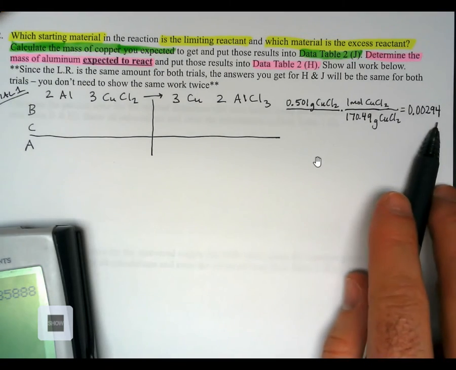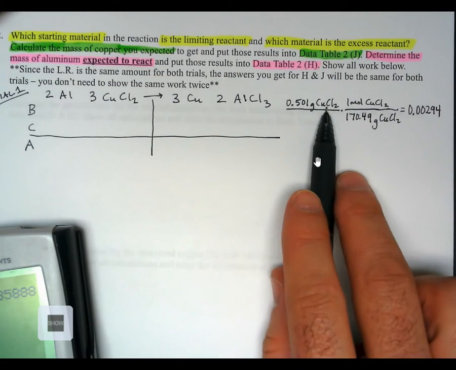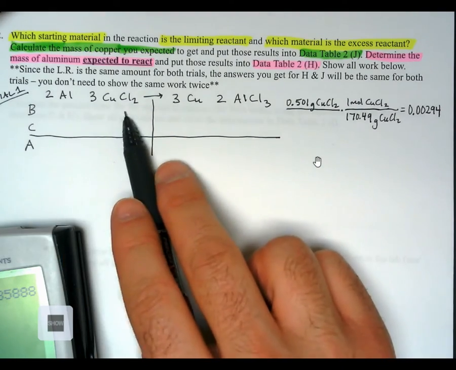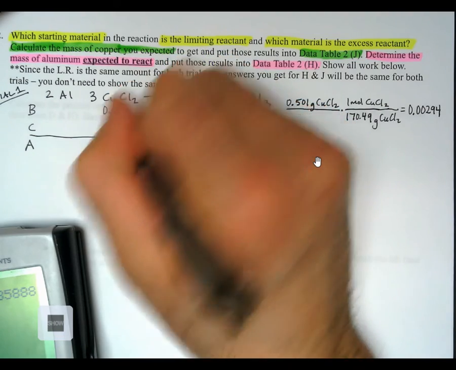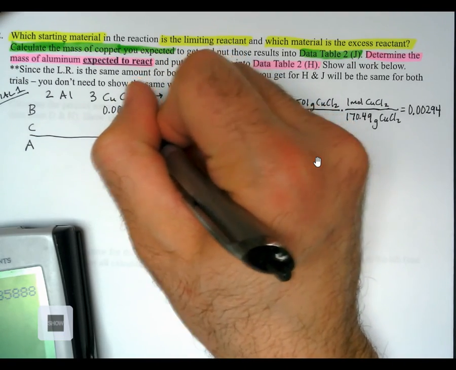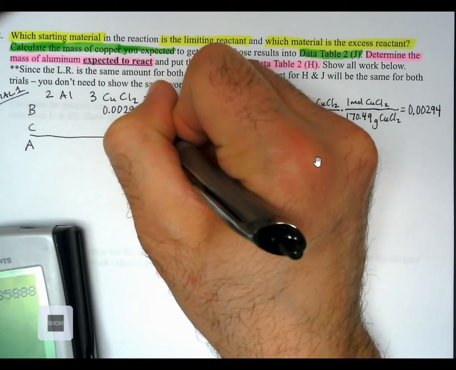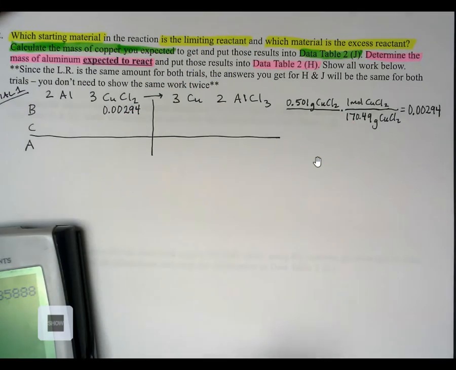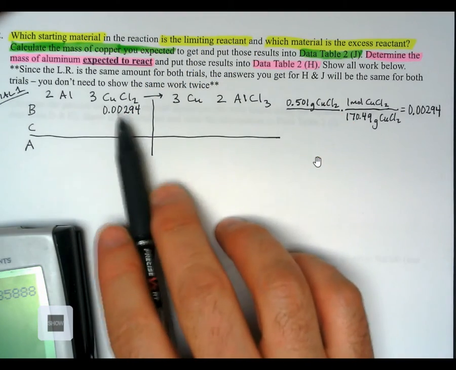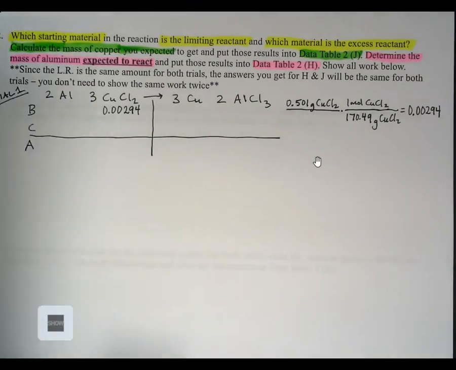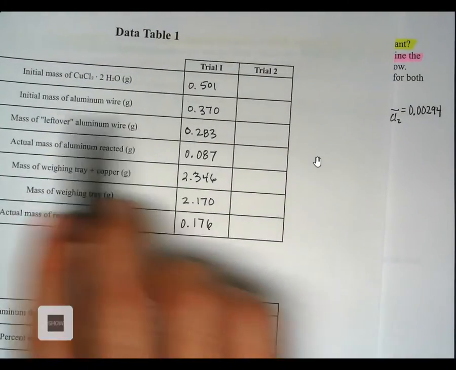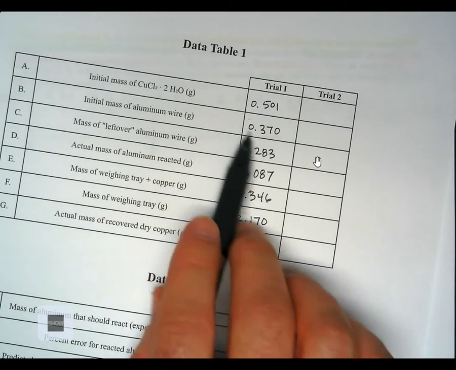Okay, that is the moles of the CuCl2 we have before the reaction. So that's going to go here: 0.00294. You're going to put whatever you got under your CuCl2. And then we're going to convert the grams of aluminum that you started with, the initial mass from here.